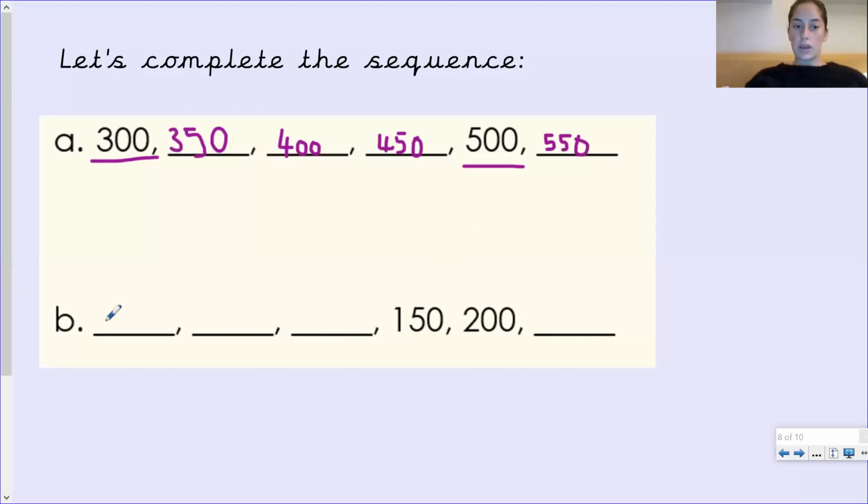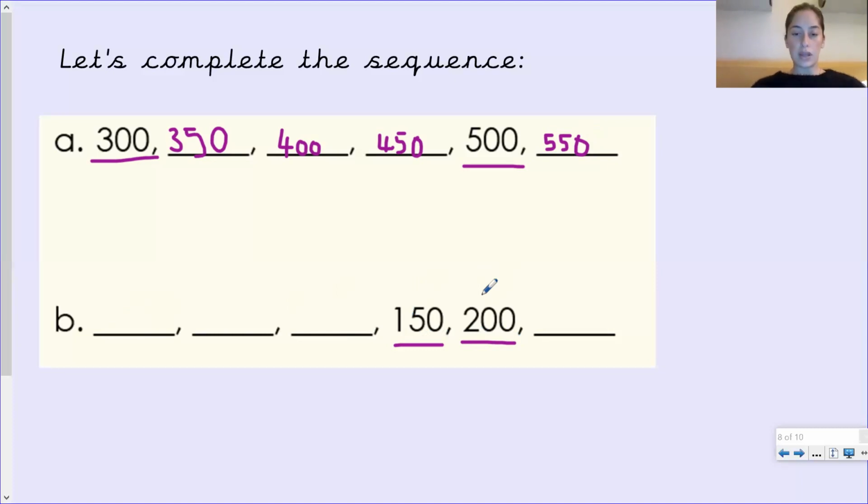Okay, for the next one, I can see that this is a little bit more tricky because I start with quite a few gaps. The first number that I'm given is 150 and the next one is 200. So already I know that I'm counting up in 50s because my number's increasing or going up.